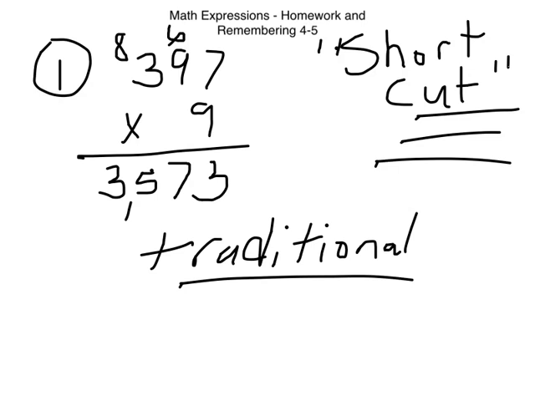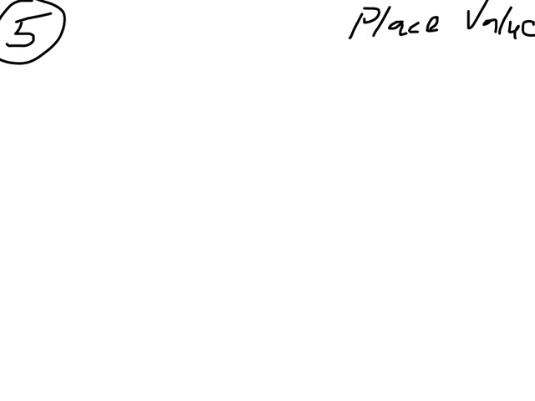Let's look at number 5 and try our place value sections method. Now the place value sections method will take a little bit more work, but what we notice is that students get these correct more often when they use this strategy, the place value section strategy, because it allows them to have zero ending numbers.